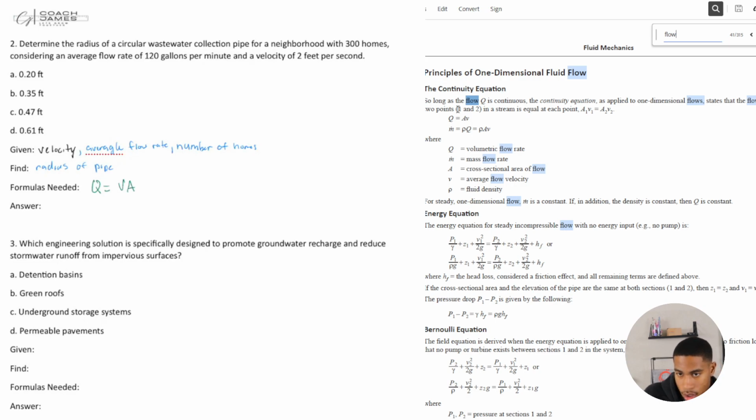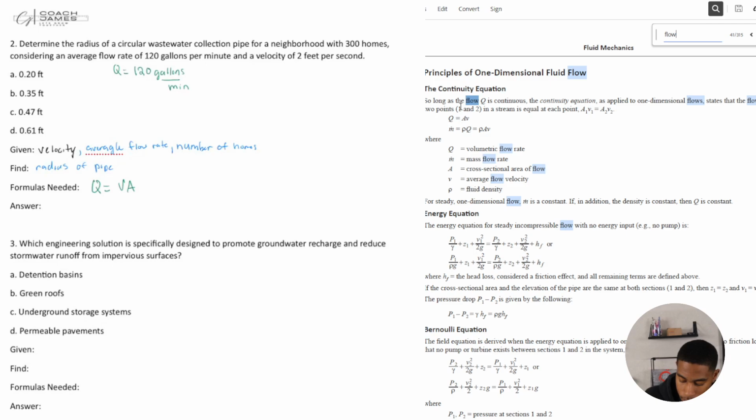All right. What is Q? Q is equal to 120 gallons per minute. One thing that I note is my answer needs to be in feet.